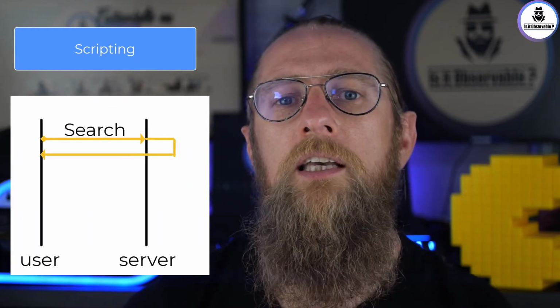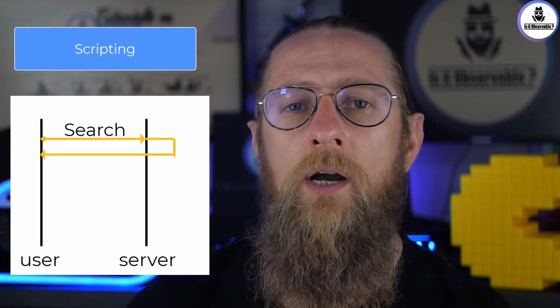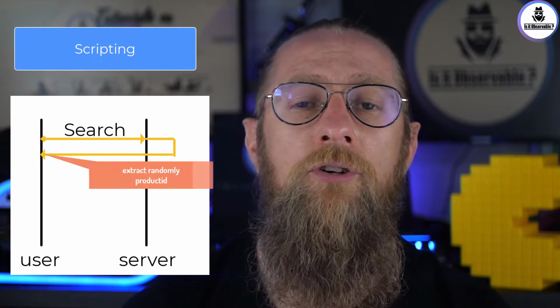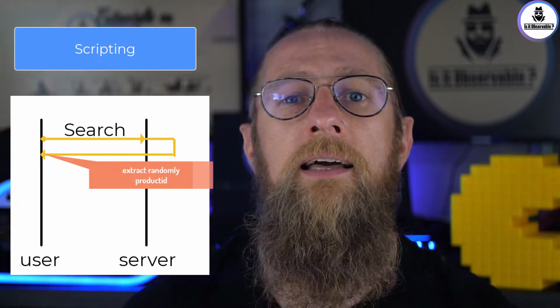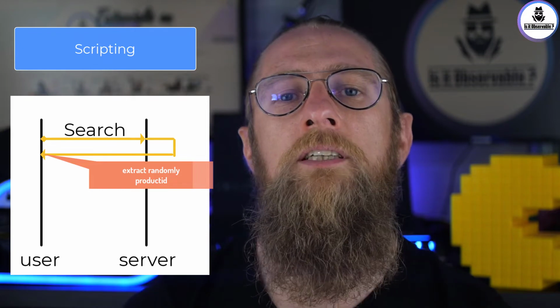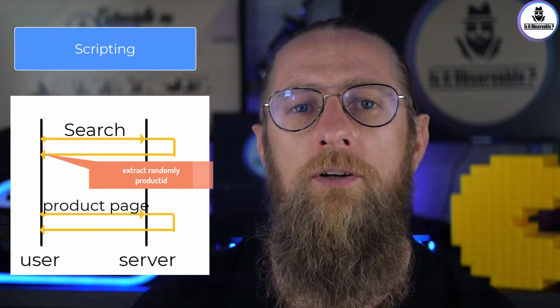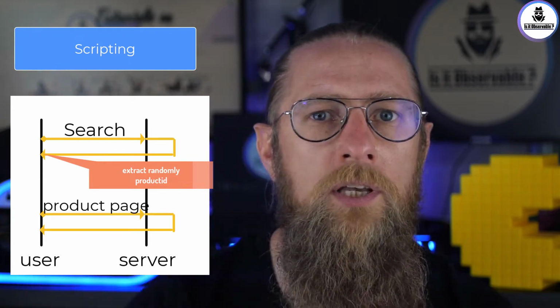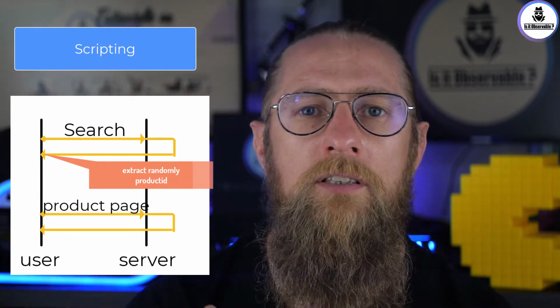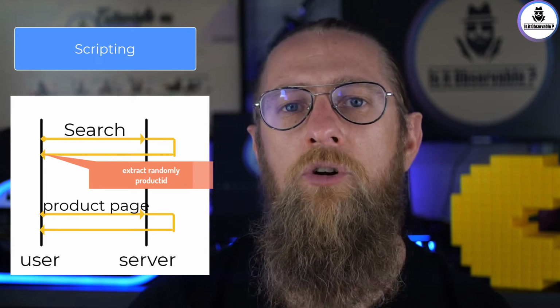For example, I may need to extract a product ID from the search page, and I will use it when I need to browse into the product, like HTTP domain name /product/ID. I will replace the ID with that variable.